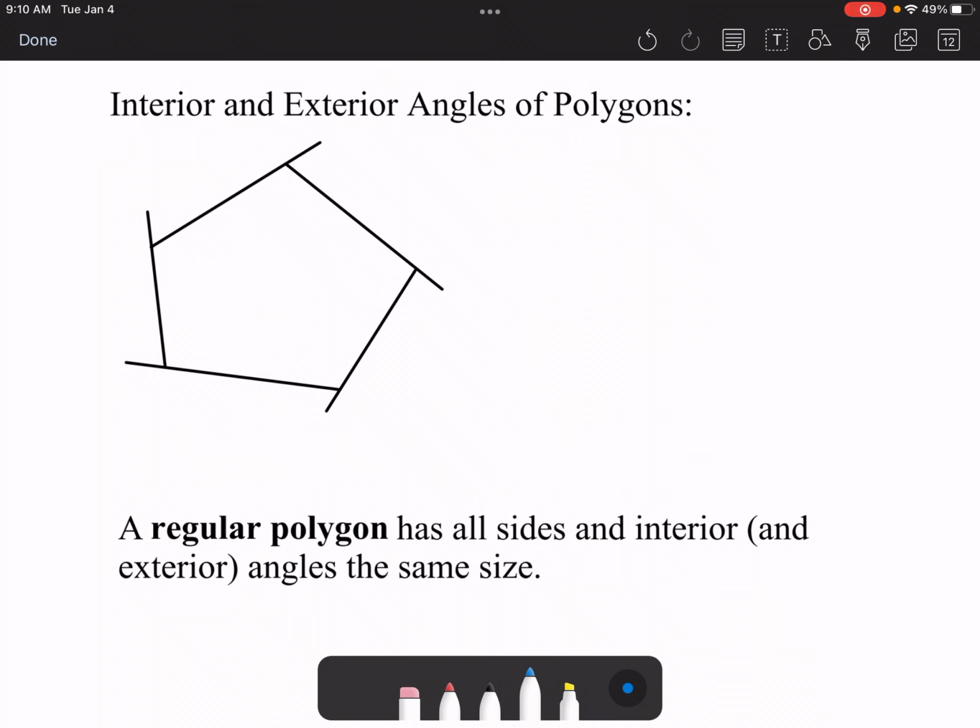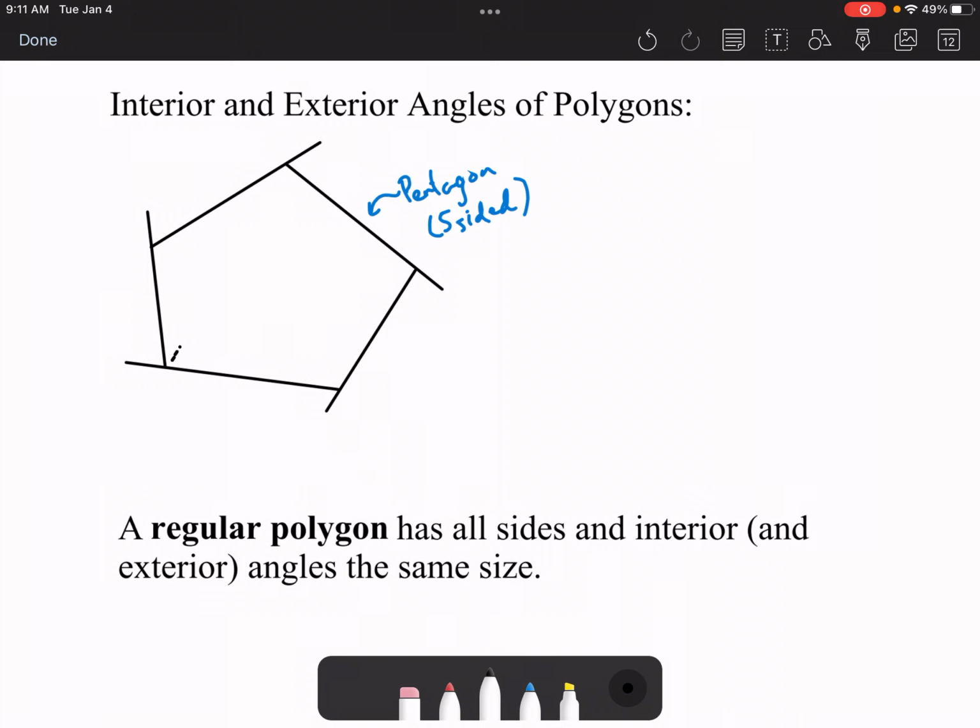Okay, now for other polygons, if you ever need to figure out the sum of the interior angles of any other polygon, let's take this polygon for instance. This polygon is called a pentagon, or five-sided figure. To find out the measure of the interior angles, you can break it up into multiple triangles.